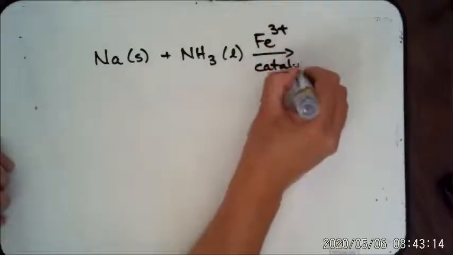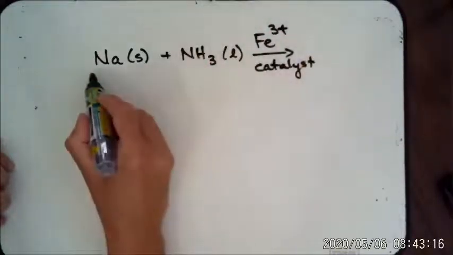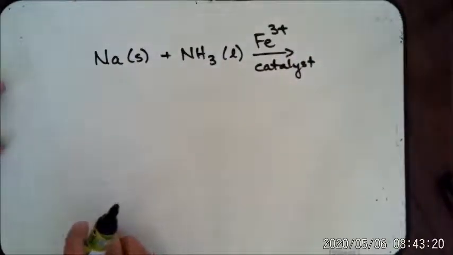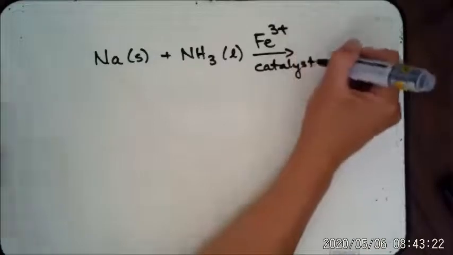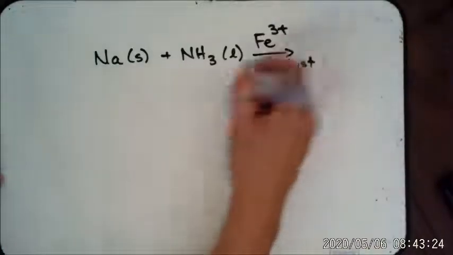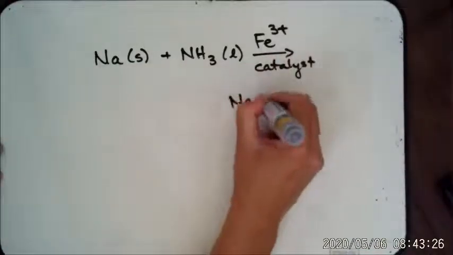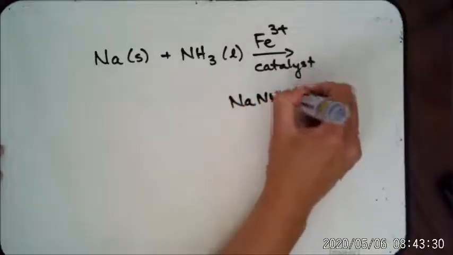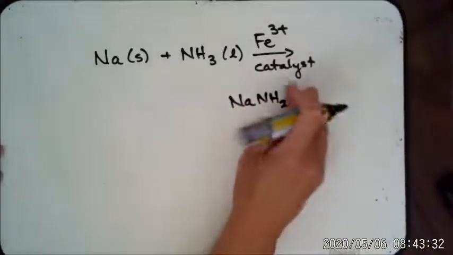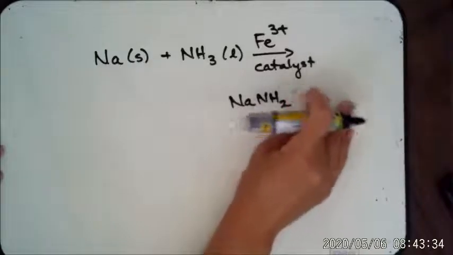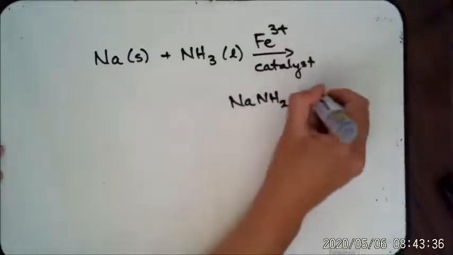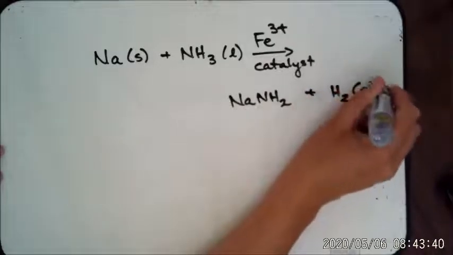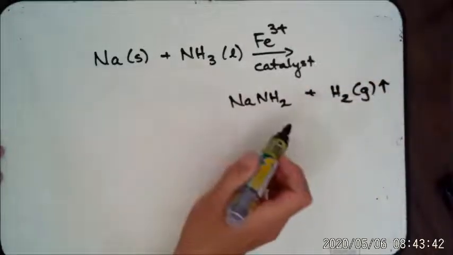There's a reason for this, because we'll see this type of combination again without the catalyst, and you get a different product. When you add the iron 3 catalyst, you get sodium amide, or sodamide, and hydrogen gas. The hydrogen gas will bubble out of solution, and that's what drives my reaction forward.